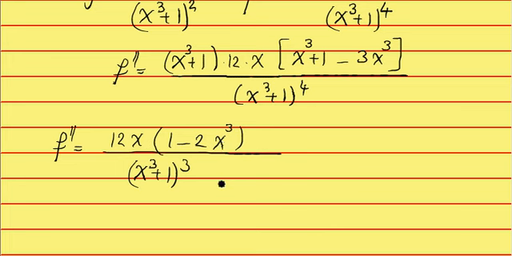Now we want to do second derivative testing or analysis. Here I have several factors. I set each of these factors equal to 0 and collect all solutions for them.